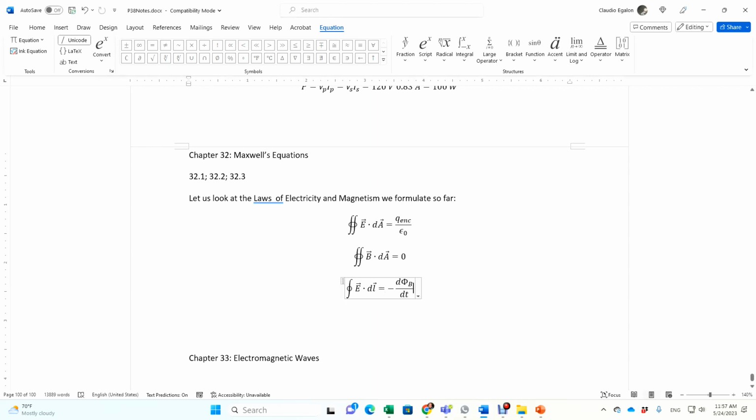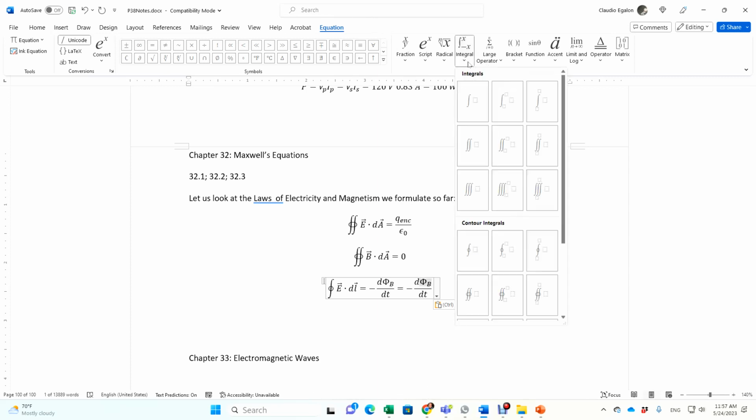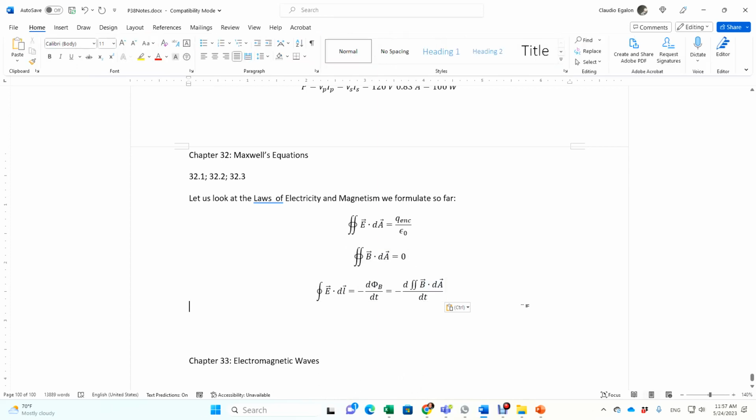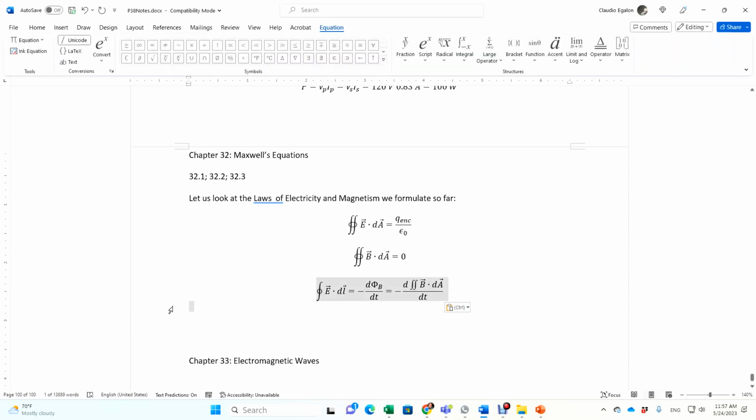I'm even going to expand it to rewrite it in terms of a double integral. This is no longer a closed surface, it's an open surface. I'm spelling that out to emphasize that this integral is not a closed surface like in the other case.